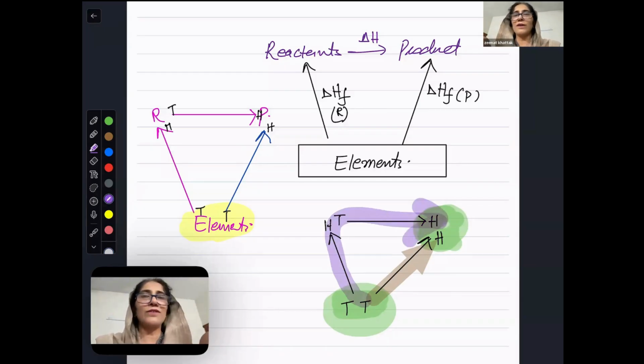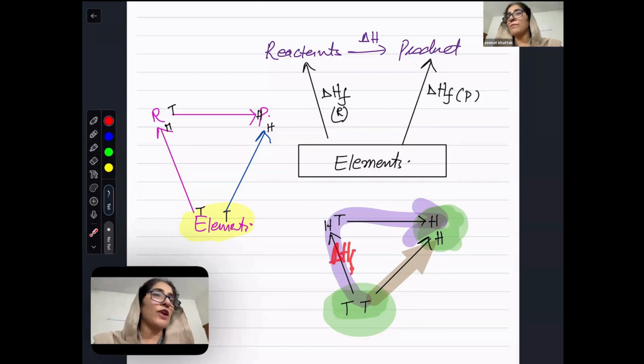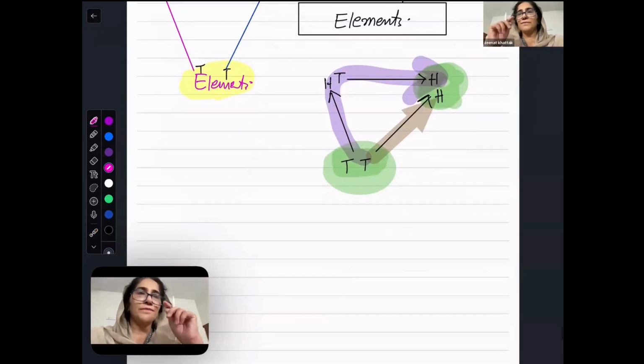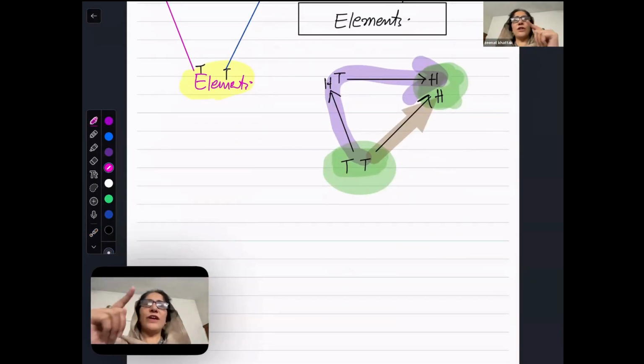So what can we say? We can say that enthalpy change of formation of the reactant plus the delta H is equal to enthalpy change of formation of product. You can see all of this in detail in my AS notes. They are fully explained.